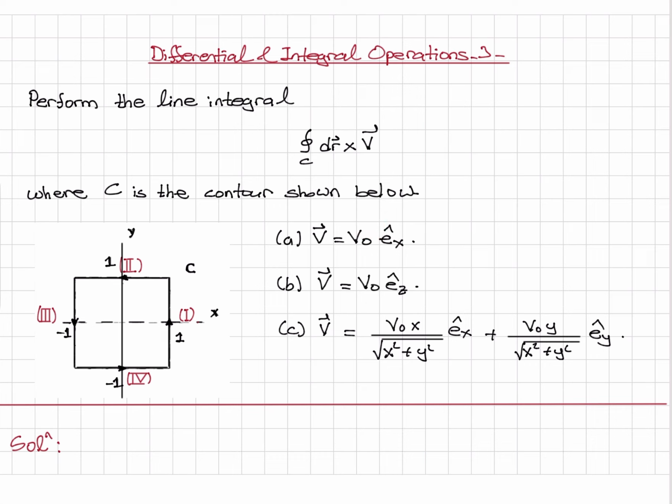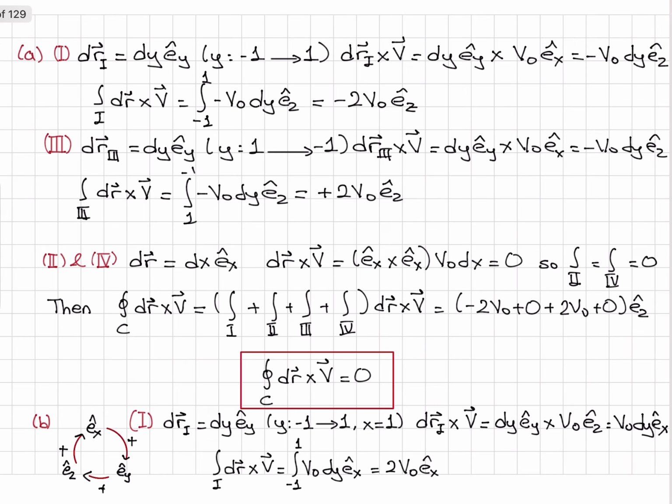In part A, we found that for segments 2 and 4, the answer was 0 because we had the cross product of ex hat with ex hat. So that problem was resolved in part B. We have the cross product of ex hat with ez hat. But because the directions are reversed and we don't have any y dependence for this vector, we find that this also has to be 0.